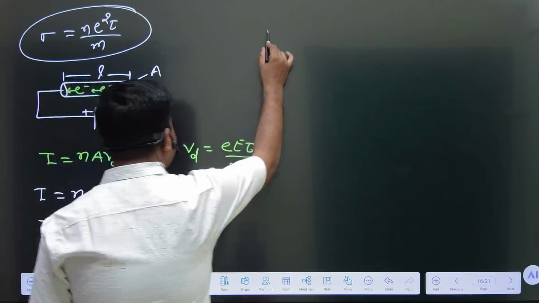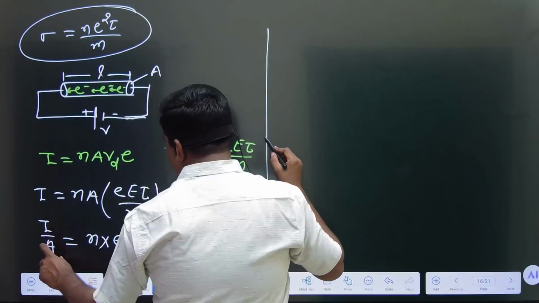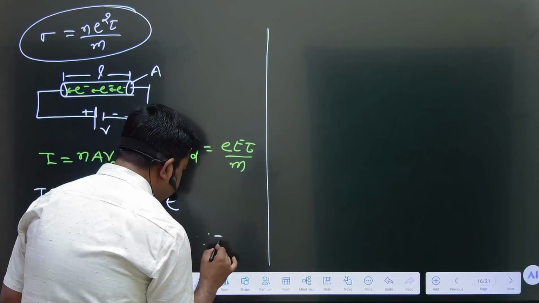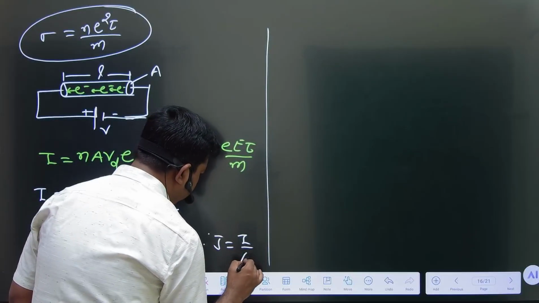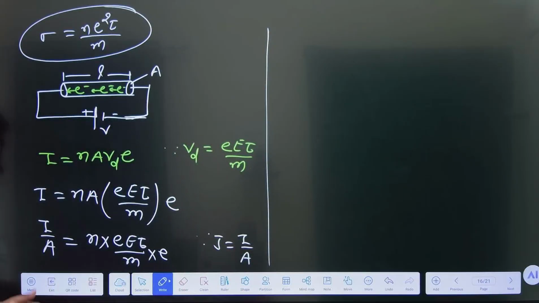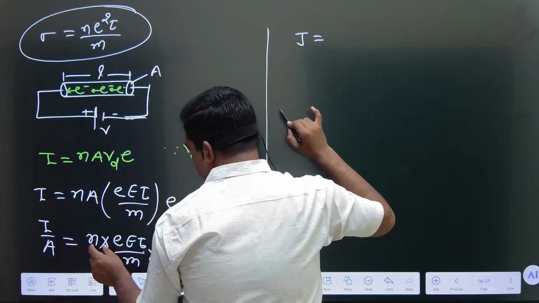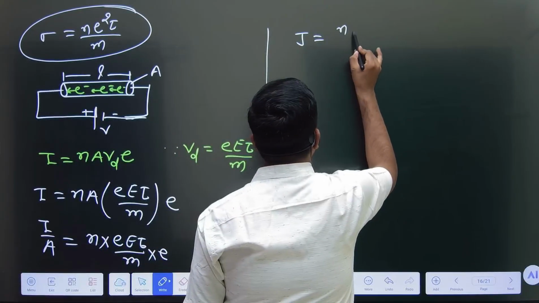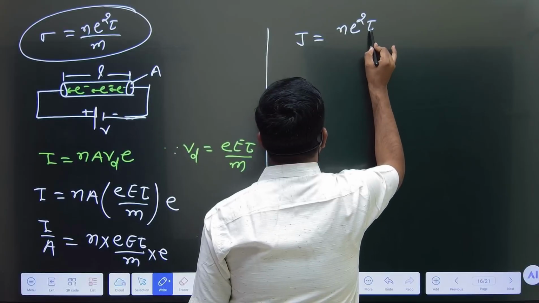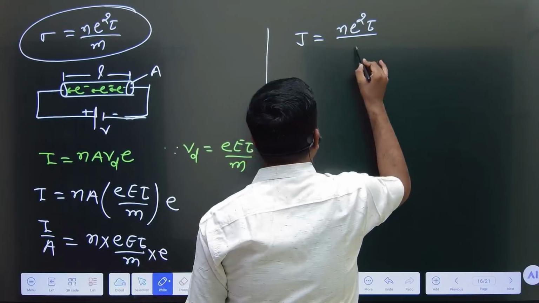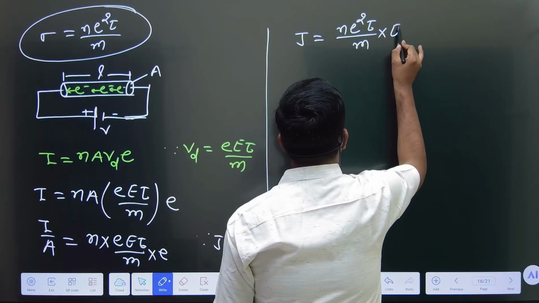On multiplying, we get I by A, which is the current density, J equal to I by A. So current density J equals n e square tau by m into capital E.